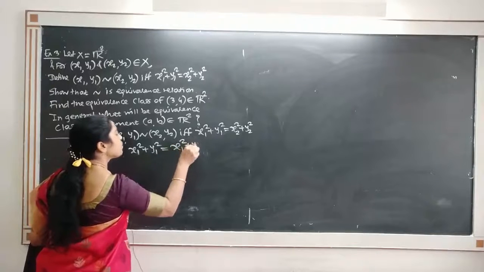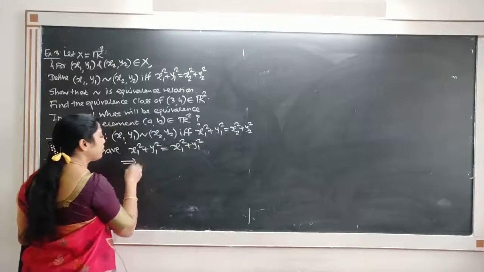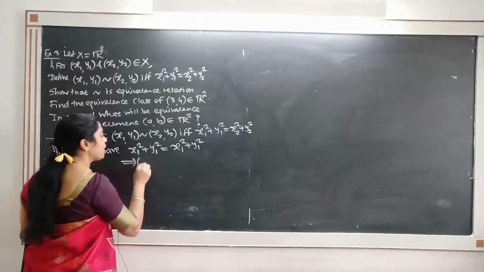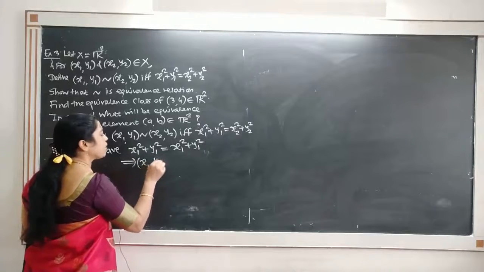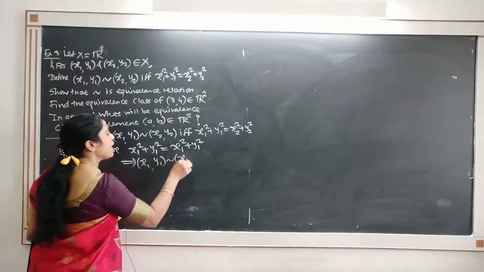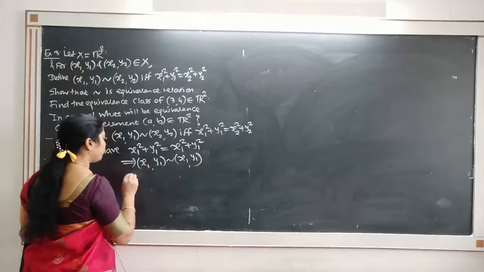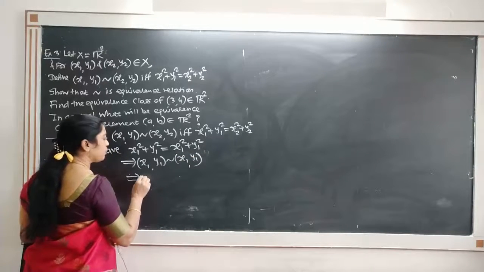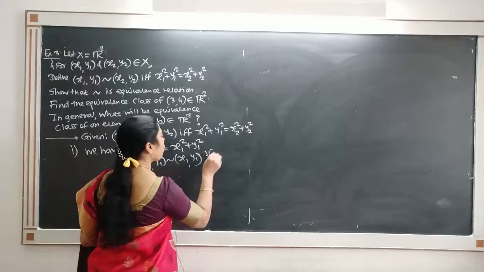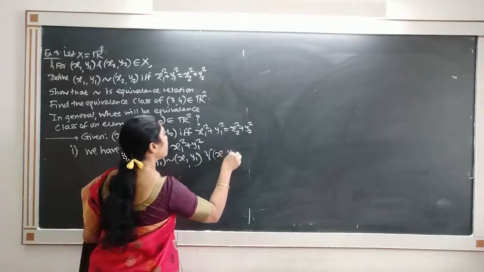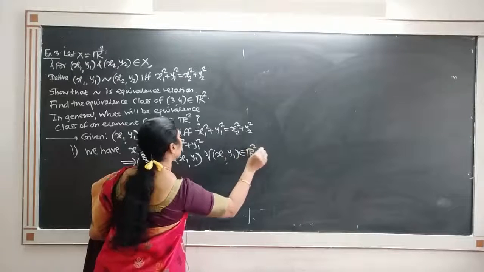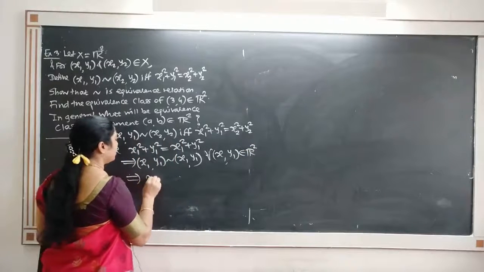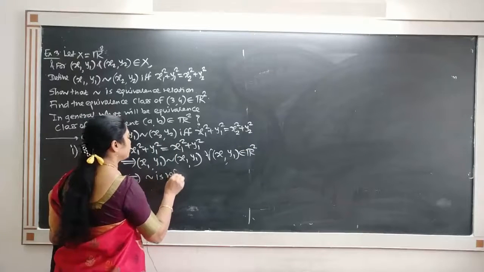By definition this implies that (x1, y1) is related with (x1, y1). Therefore the element is related with itself, and this is true for all (x1, y1) in R2. So the relation is reflexive.